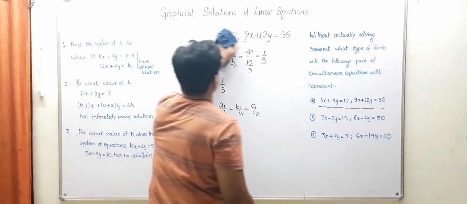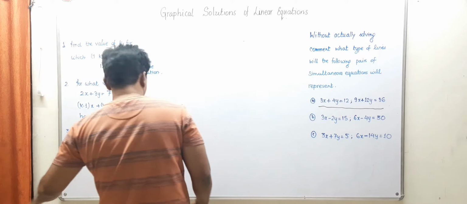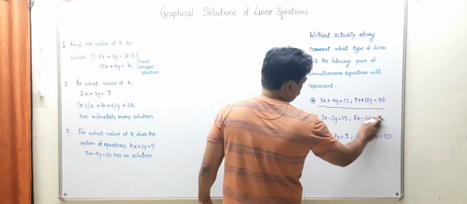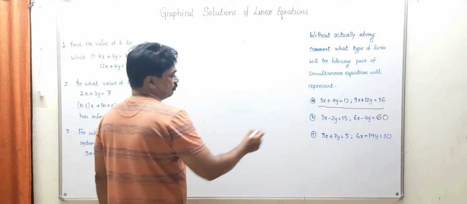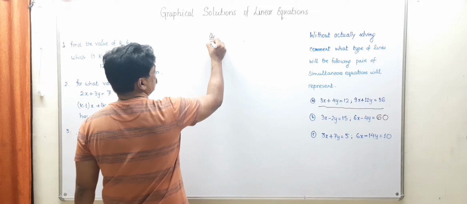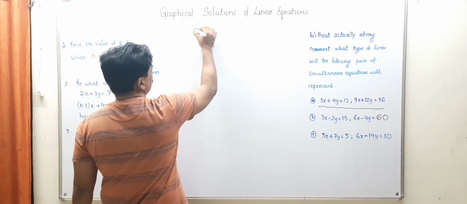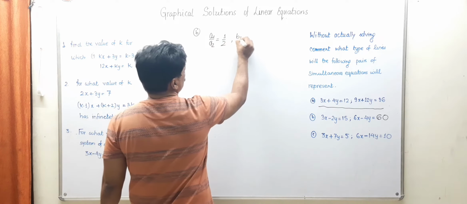Next question, I am putting a little change here. I am putting this as, say for example, 60, and I move now. So here again I find a1 by a2, that is 3 by 6. So a1 by a2 for question number b is 3 by 6, that is 1 by 2. Then b1 by b2 is how much?